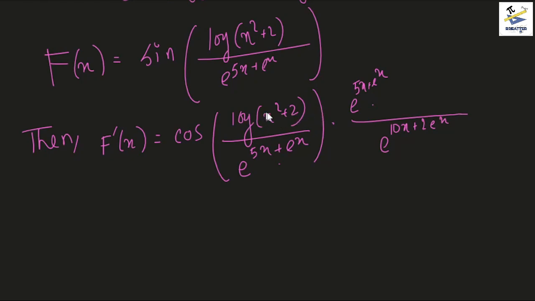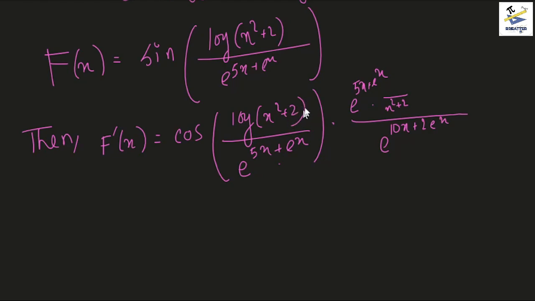So first we pretend it's a log of x, so we do 1 by x square plus 2, and then we do the inside, which is x square plus 2, differentiating which you get 2x because the differentiation of a constant is 0. And if you remember, the derivative of the addition of two functions is the derivative of the first function plus the derivative of the second function.